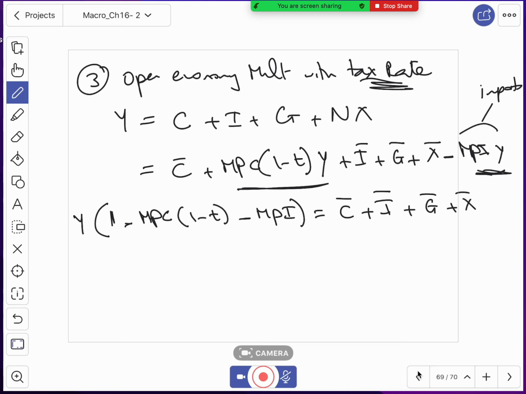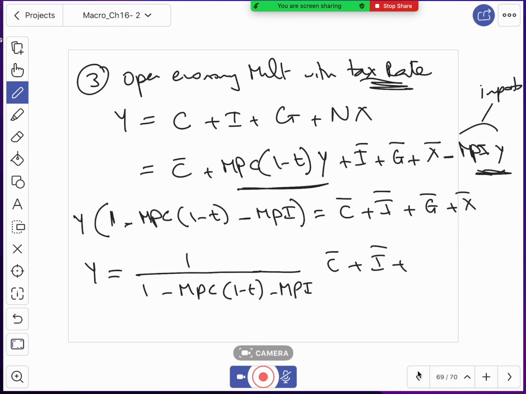And you can end up by saying, okay, the open economy multiplier is 1 over [1 minus MPC times (1 minus T) minus MPI] times C bar plus I bar plus G bar plus X bar.